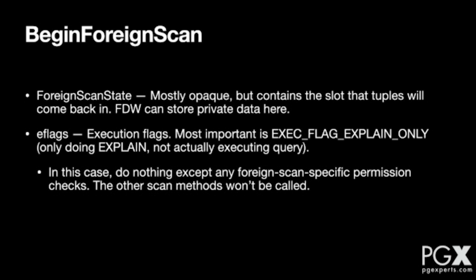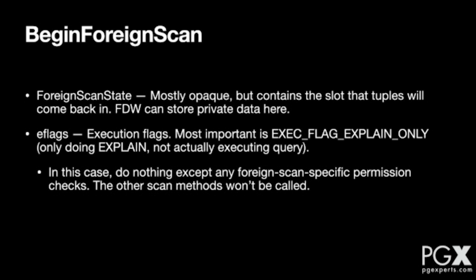eFlags has a bunch of flags. The only one you really need to care about is this one. If you're not familiar with this, in general C convention, you AND eFlags with this constant and it'll be true or false. If that's true, you're only doing an explain, because again, this is a normal part of a query. You can say explain on a query that includes a foreign scan, and the explain will actually run through the planning machinery because it needs to decide what plan it's going to display.